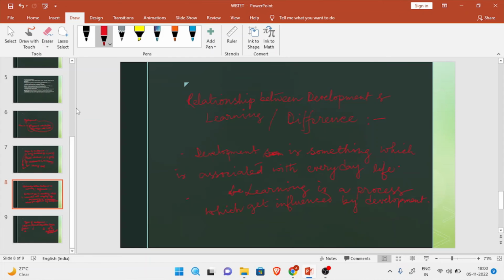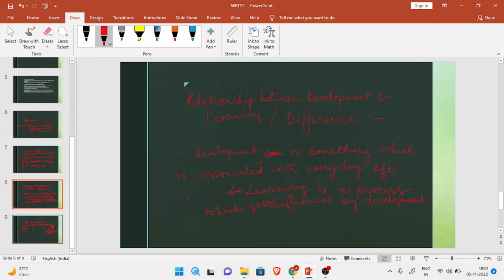So development is a wholesome thing. Development is associated with physical attributes and cognitive attributes at the same time. But learning is a process which gets influenced by development.